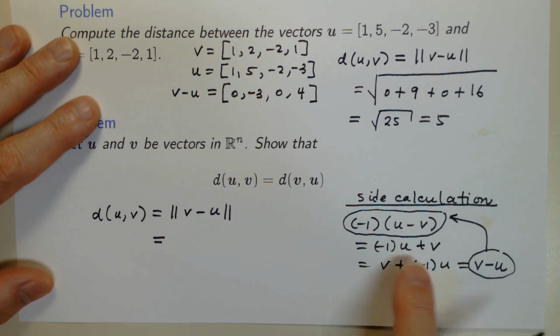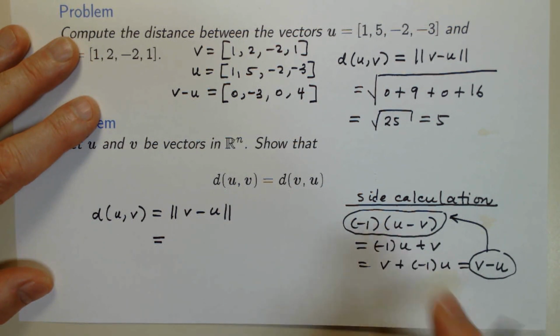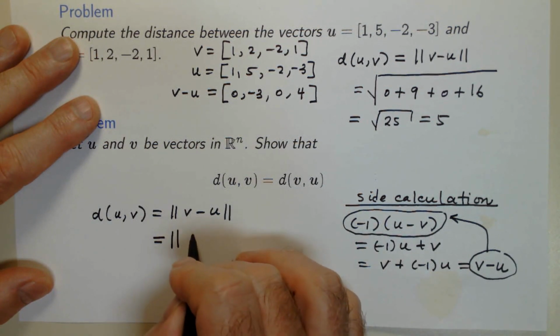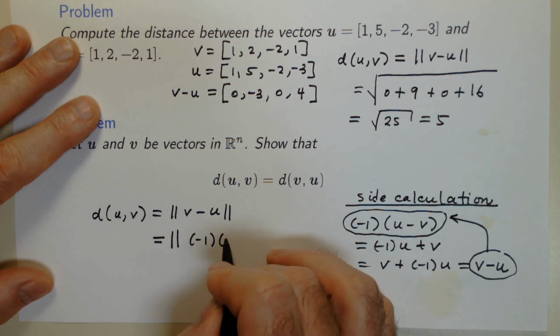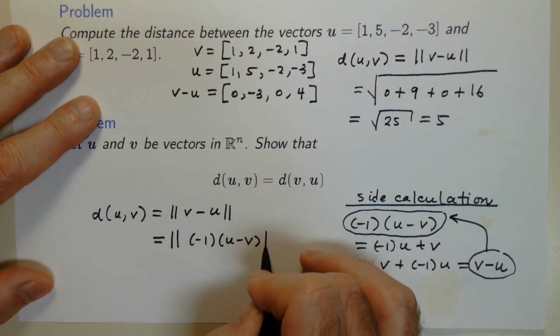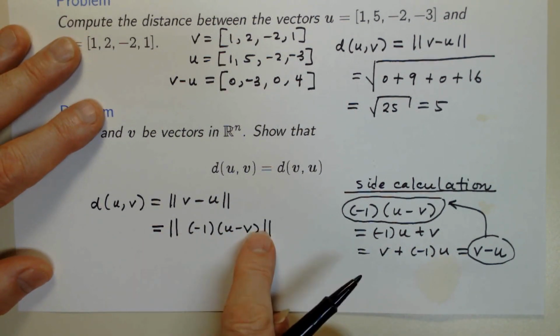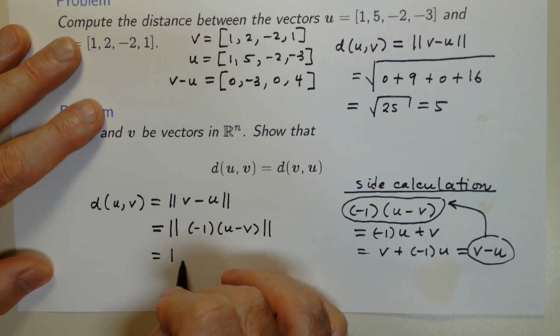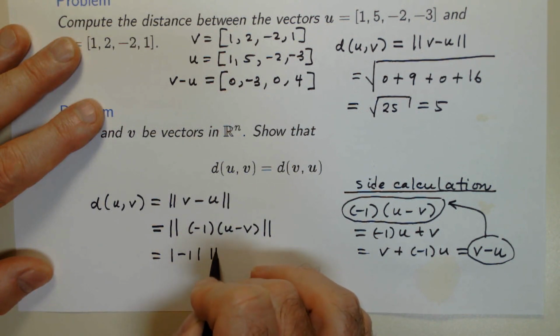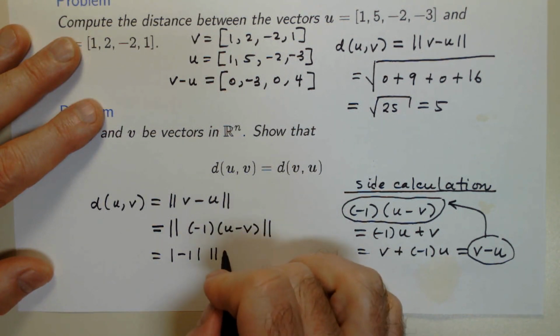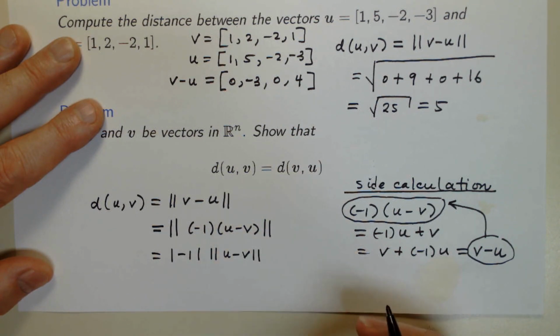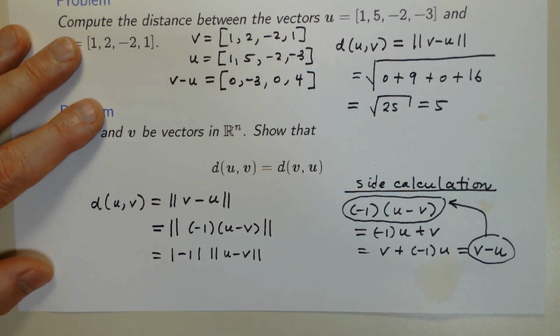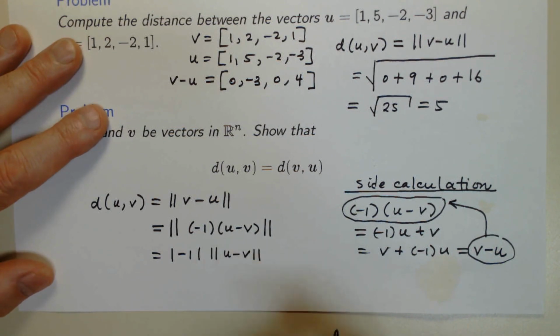So let's see how that helps us here. In place of v minus u, I'm going to write this. Now, one of my properties of length said that I can write this as the absolute value of the scalar times the length of the vector, in this case, u minus v. But the absolute value of -1 is simply 1, so that drops out. And I'm just left with the length of u minus v.